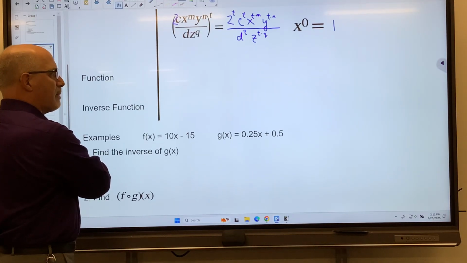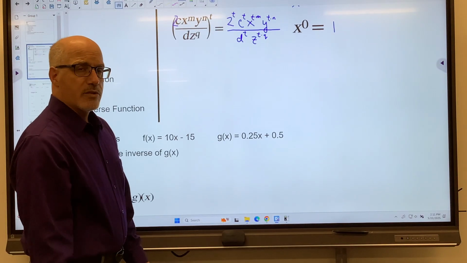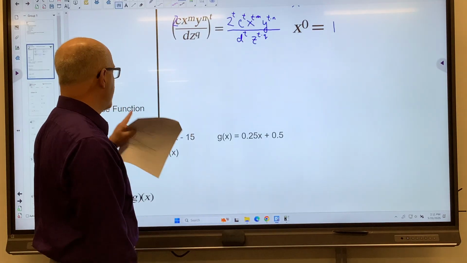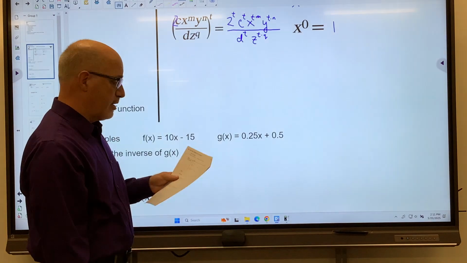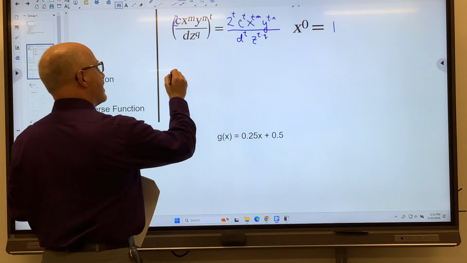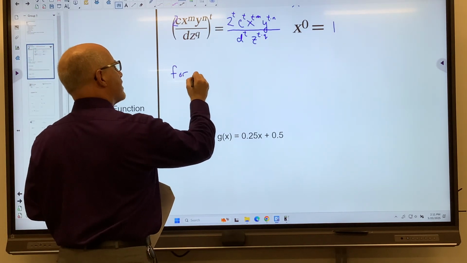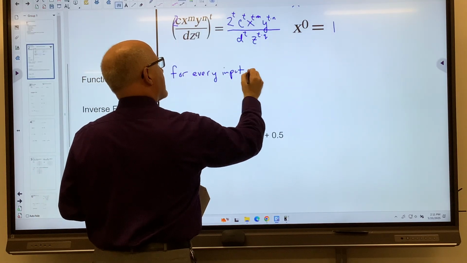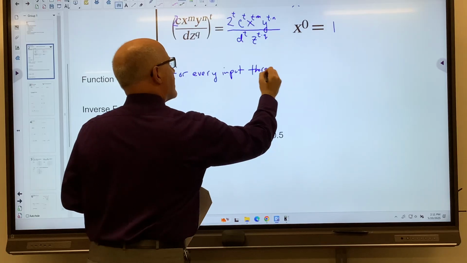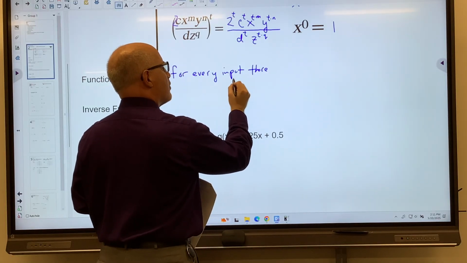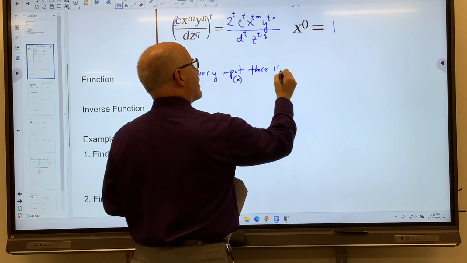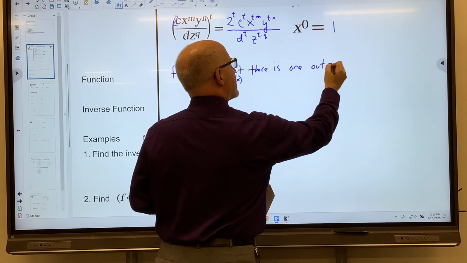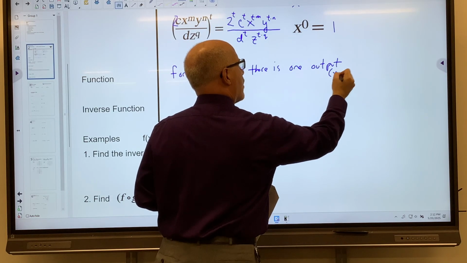Now let's review a little bit about functions. We've done functions before, but we did a big review because we wanted to introduce what's called the inverse function. For a function, for every input, and usually that input is an x, there is one output, which is usually a y.